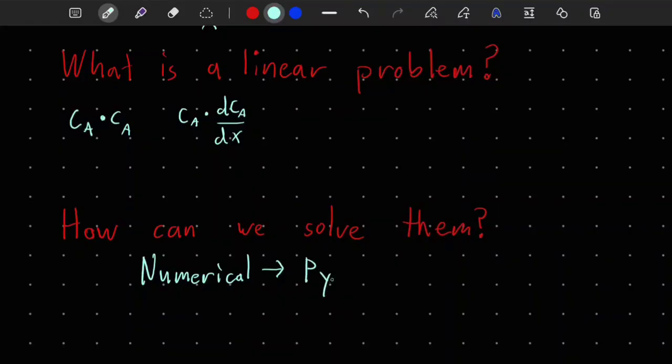And you just program it in something like Python or MATLAB. And this just involves figuring out your boundary conditions and seeing how things change with time.